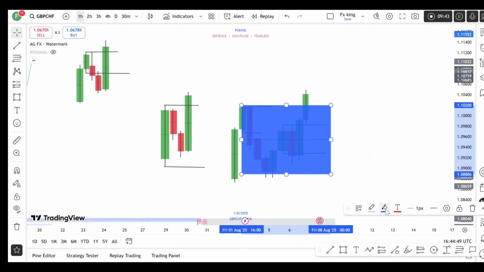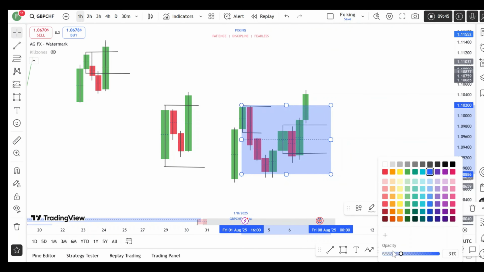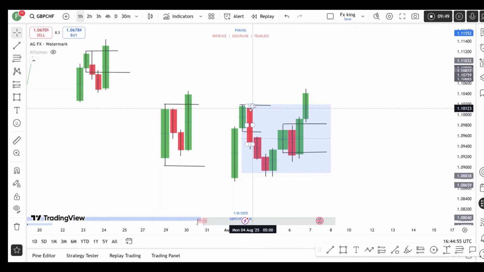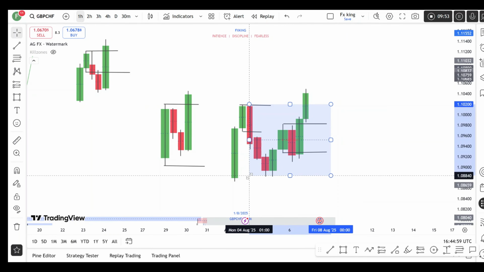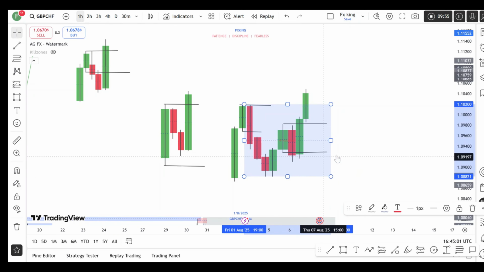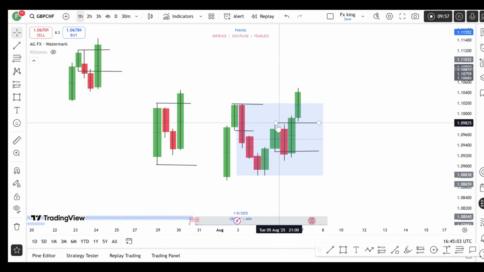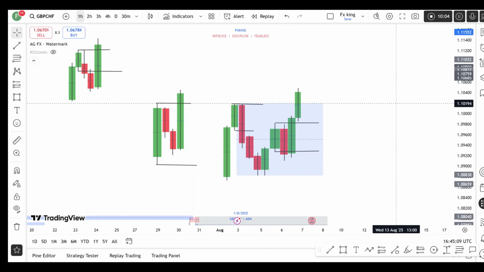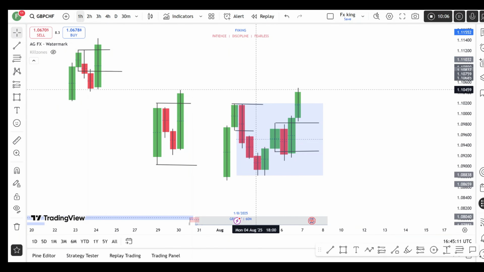So this bigger pullback starts from this high to this low here. That is the high of the pullback, and this is the low. But inside here we also have a smaller pullback. As we go ahead, we are going to see the uses for this type of pullback in the future. So let's go over to the next pullbacks on our list, which will be bearish pullbacks.